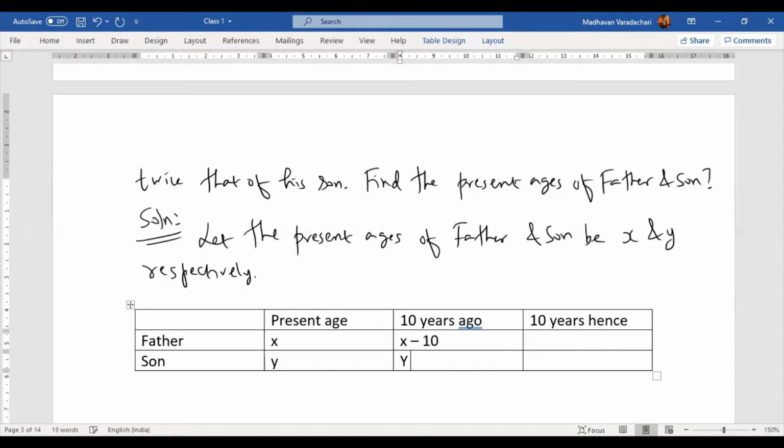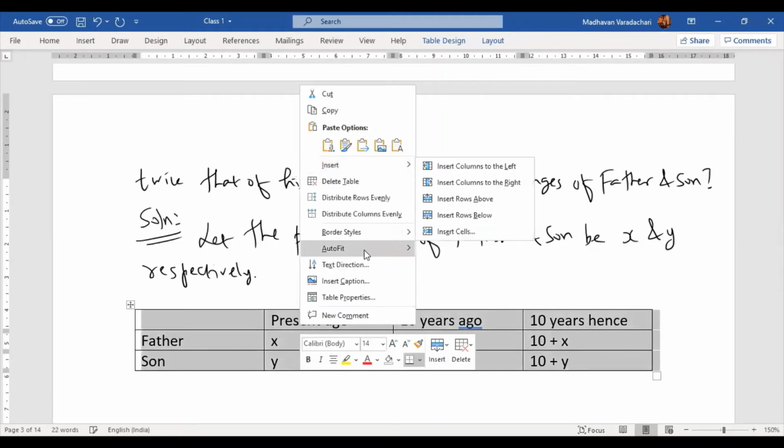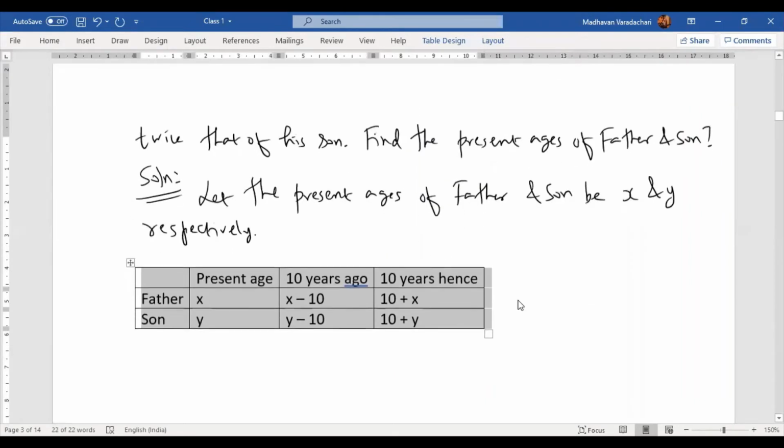Here also it will be y minus 10, because 10 years before, his age will be 10 years less. 10 years hence means after 10 years, so I can put it as x plus 10, and y plus 10. Now, why this table? It will be much more convenient to understand the question better, nothing else.